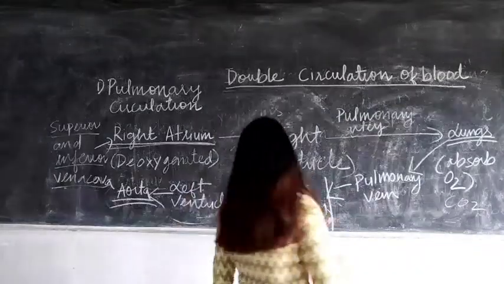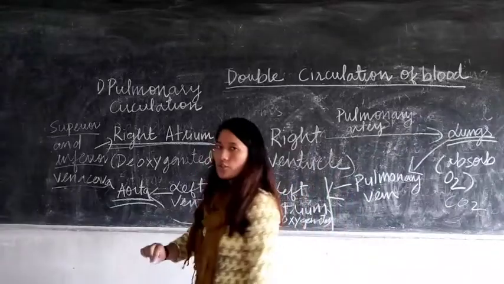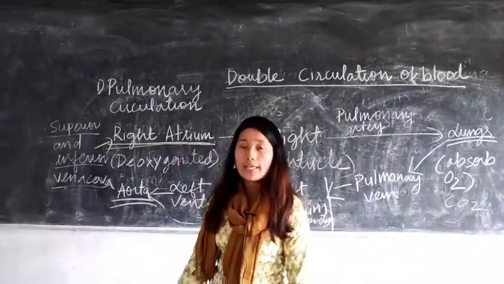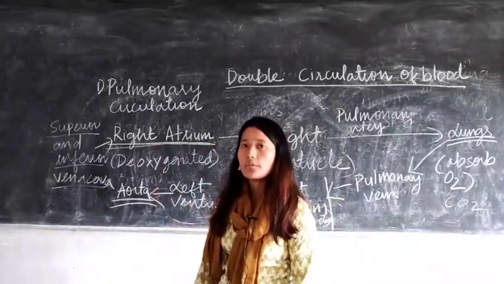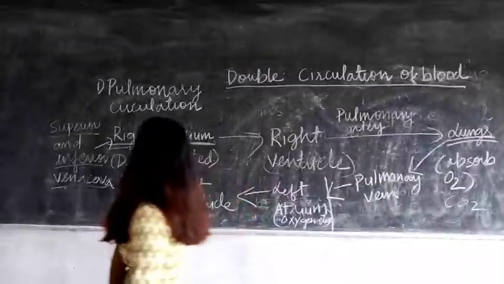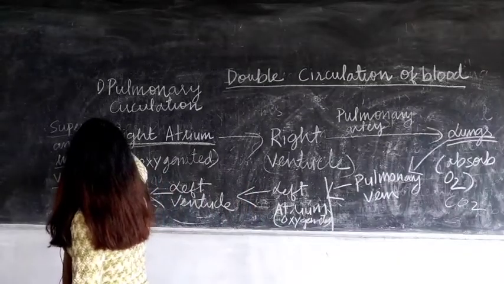Now once the oxygenated blood gets circulated, the deoxygenated blood with the help of the superior vena cava will be brought back to the right atrium.